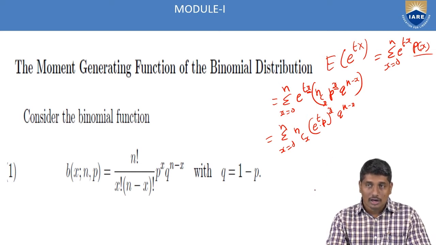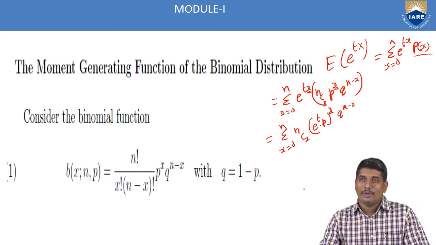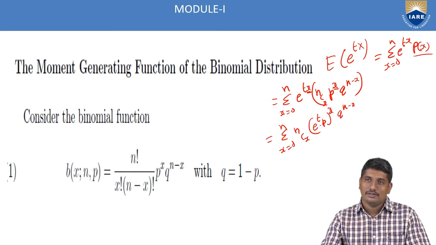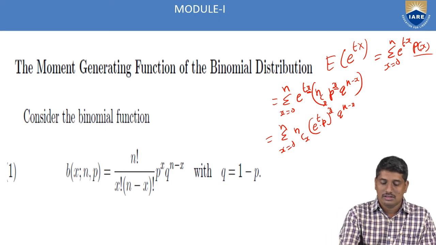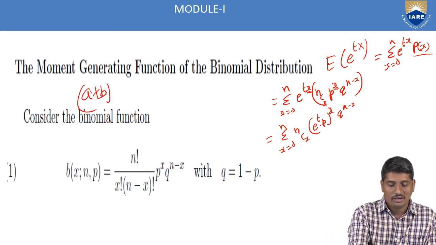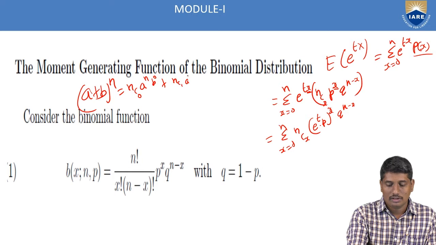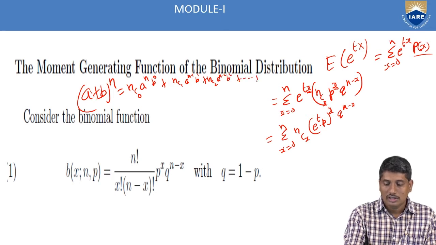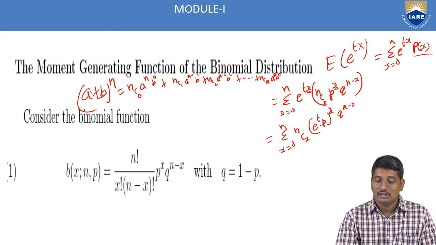Now, let us retrospect into the binomial expansion, which we studied in our 10th class. That is (a+b)^n = nC0 a^n b^0 + nC1 a^(n-1) b^1 + nC2 a^(n-2) b^2 and so on, up to nCn a^0 b^n.